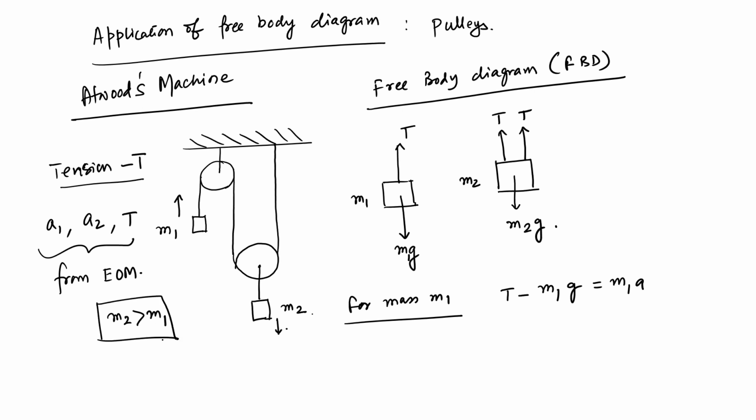Otherwise, you just say M1g minus T equal to M1a. And for mass M2, one has 2T minus M2g equal to M2a2.